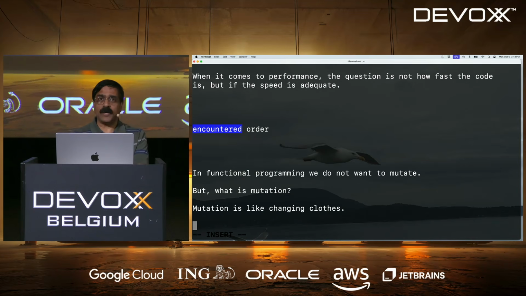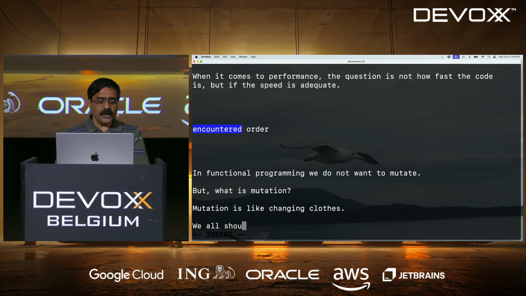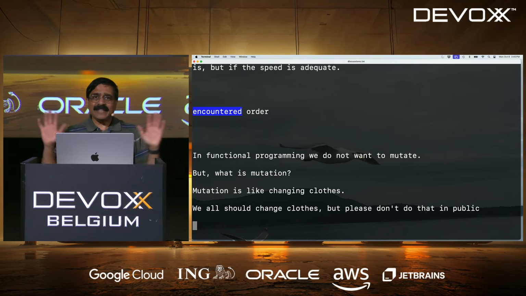I sincerely hope everyone in this room changed their clothes before coming here, right? If you didn't, there'll be a big gap between you and the person next to you because it's going to be smelly, right? So we all change clothes. What I mean by this is we all should change clothes, but please, I would request you, don't do that in public.